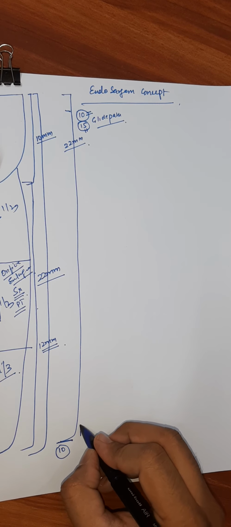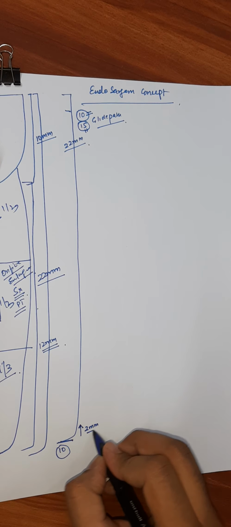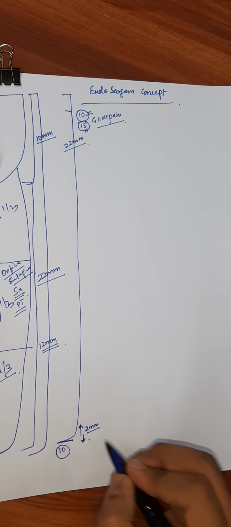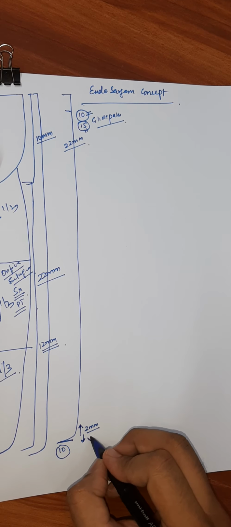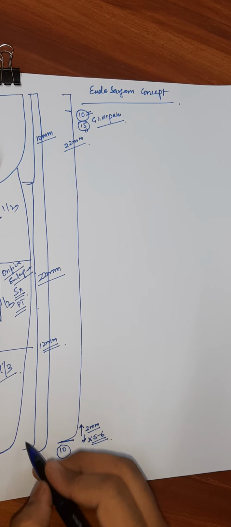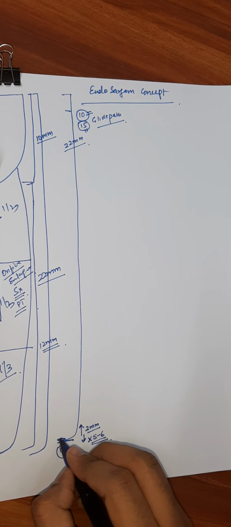I will take my 10 number file at least 2 mm short and then bring it down again, and I will do it at least 5 to 6 times, so that the 10 number file becomes loose here.